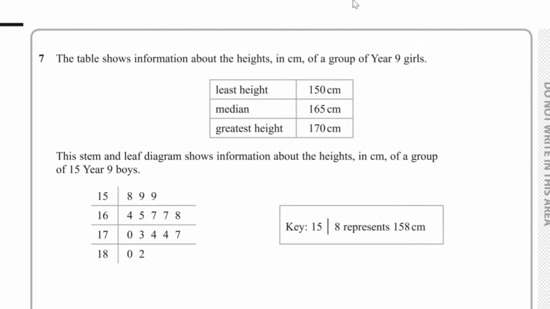Well, what we can do is find out the range with the girls. The range is equal to the largest value, 170, subtract the smallest value, 150. So it turns out the range is 20 centimetres for the girls.